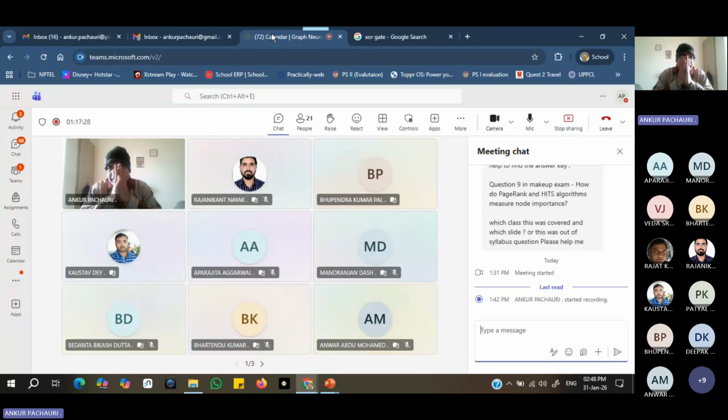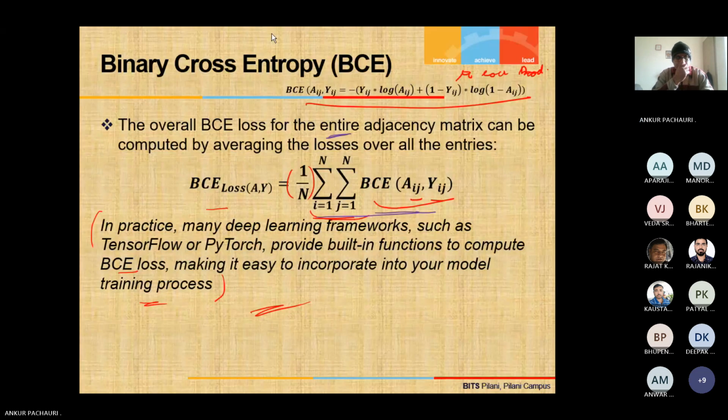So ultimately, our goal is to check whether actually there was an edge or not, or my model has predicted wrongly. I don't think there's any confusion in it. How you are actually doing it, that's a different point.